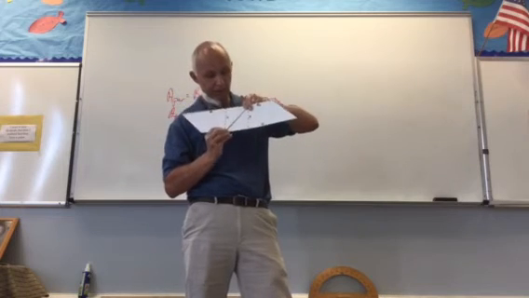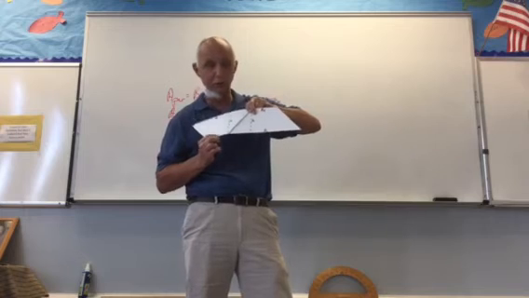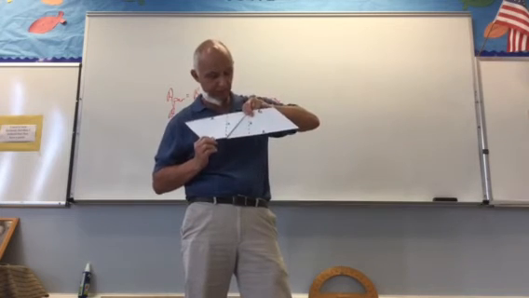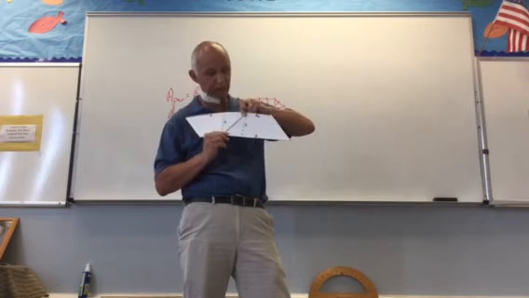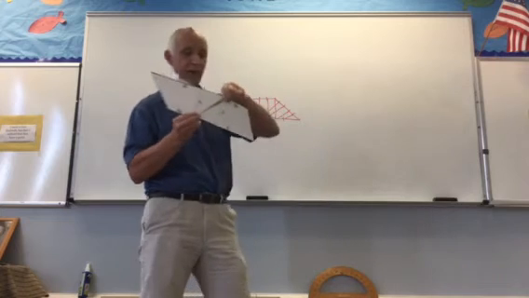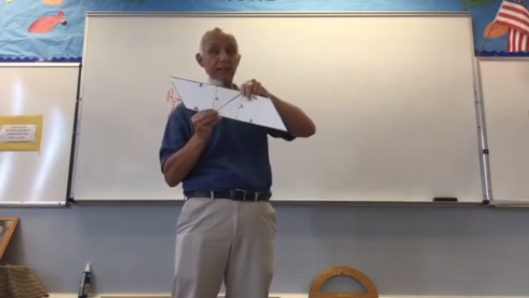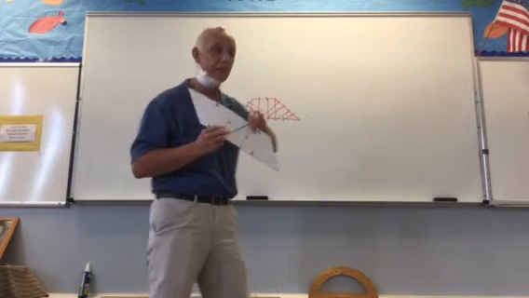But this time, the base of the parallelogram is both base 1 and base 2 added together. Now the height is still the same, but the base is the two bases added together. So again, the area of a parallelogram is base times height, but in this case, the base is base 1 and base 2 added together.